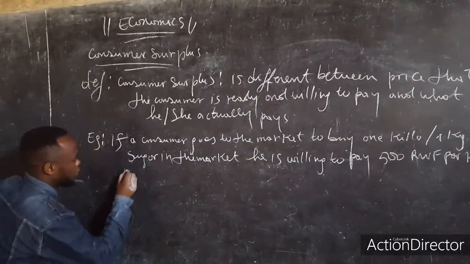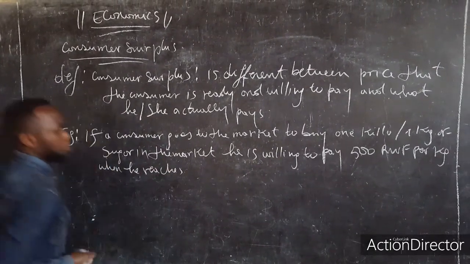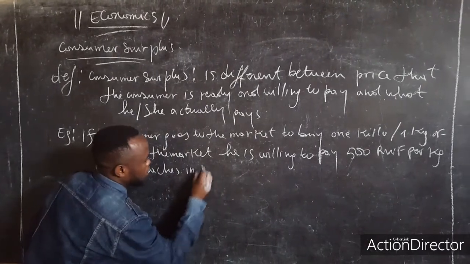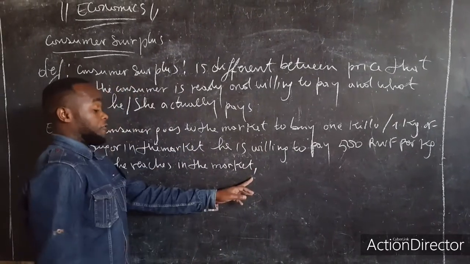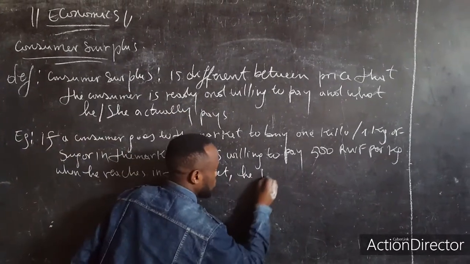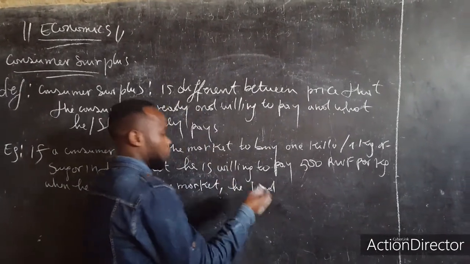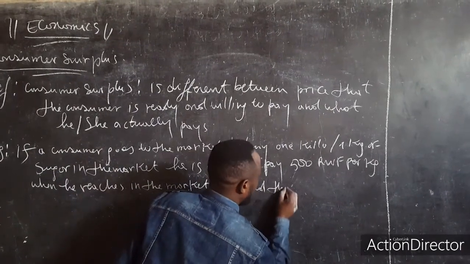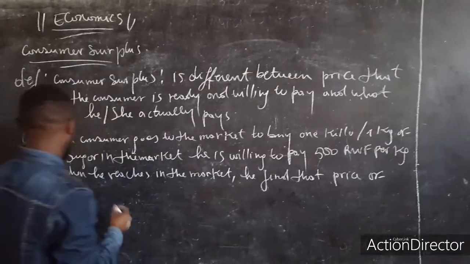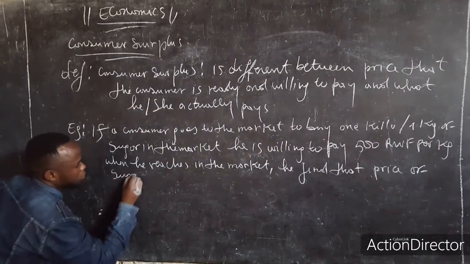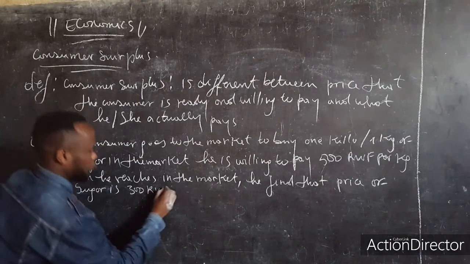When he reaches the market, he finds that the price of sugar is 300 Rwandan francs.